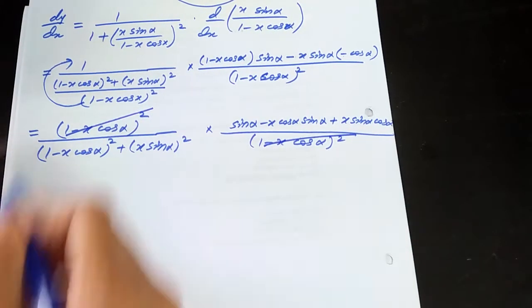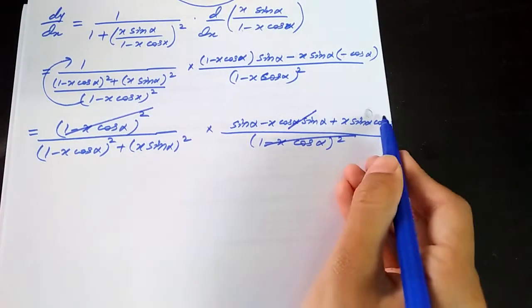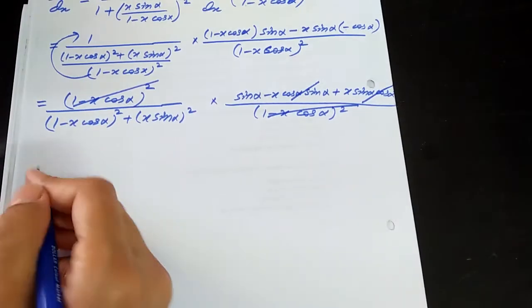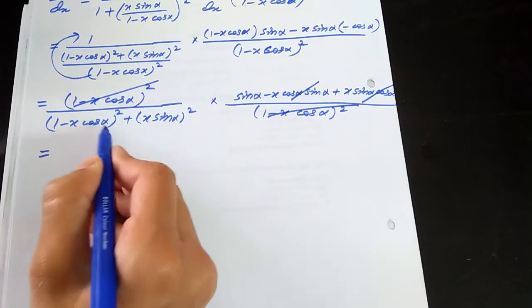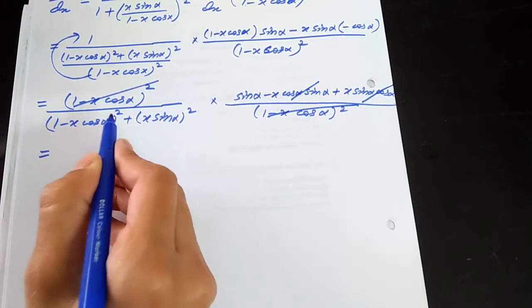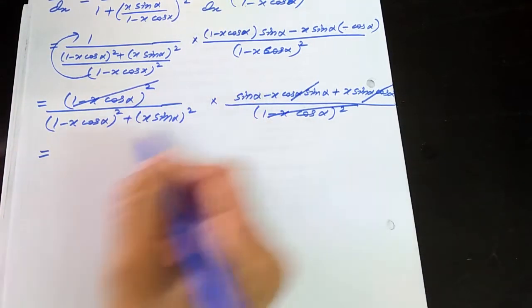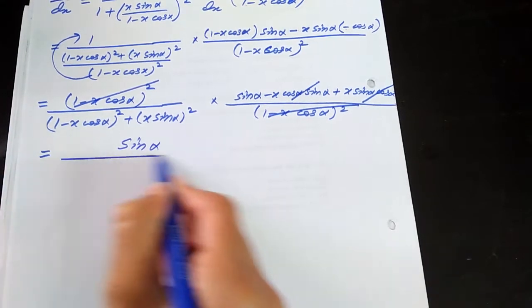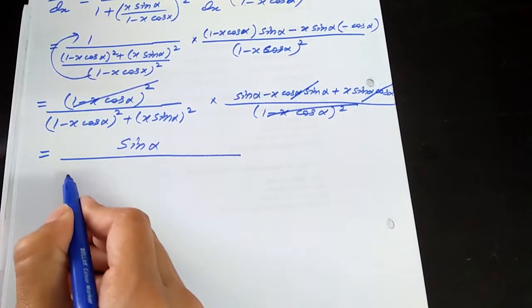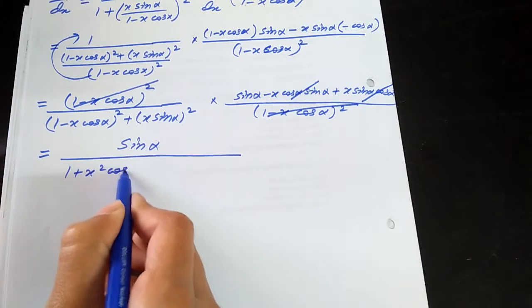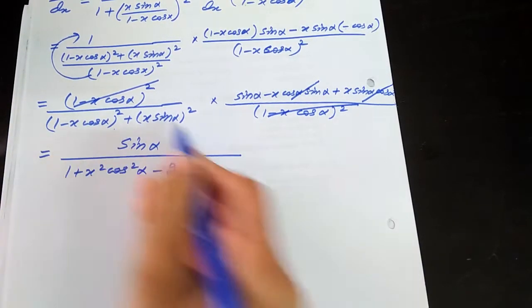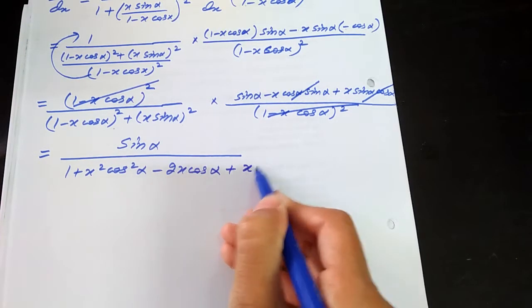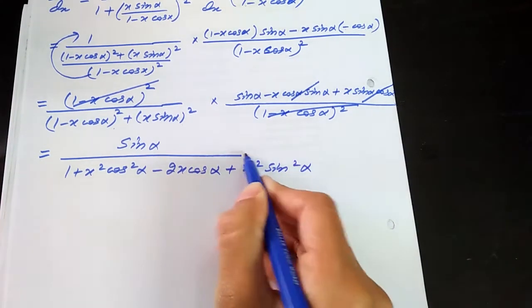Now this denominator can be cancelled out with this one, this term can be cancelled out with this term. Open this term as well. If we simplify, this is the numerator, sine of alpha, and in the denominator I will get 1 plus x square cos square of alpha minus 2x cos of alpha out of the first bracket, and the second bracket will give me x square sine square of alpha.